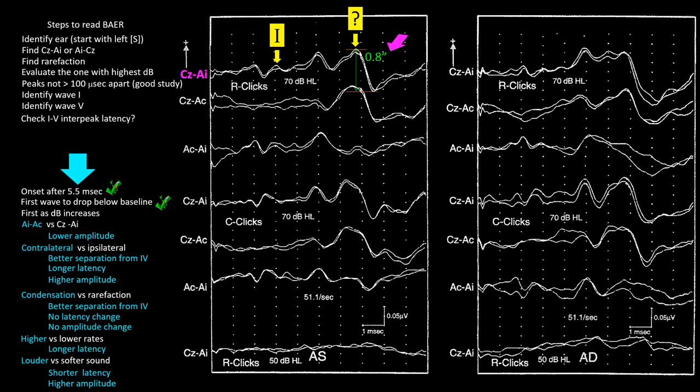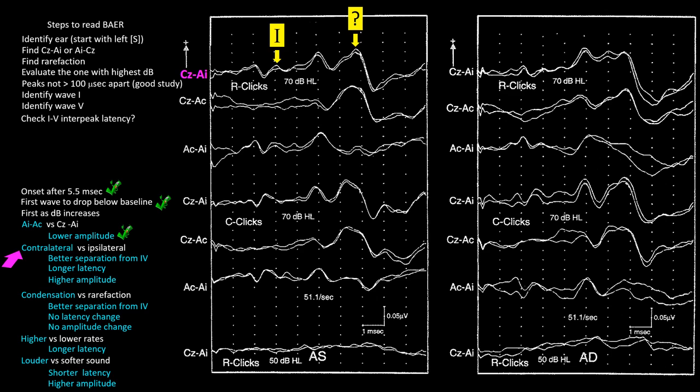The amplitude of the vertex to ipsilateral ear derivation is 0.8. The amplitude of the wave in the inter-ear derivation is 0.2. Thus, this item supports that the putative wave 5 that we have chosen is indeed the real one.